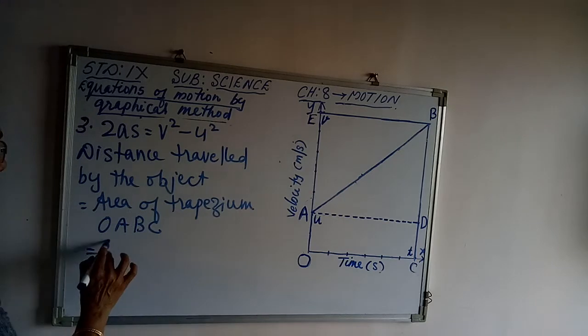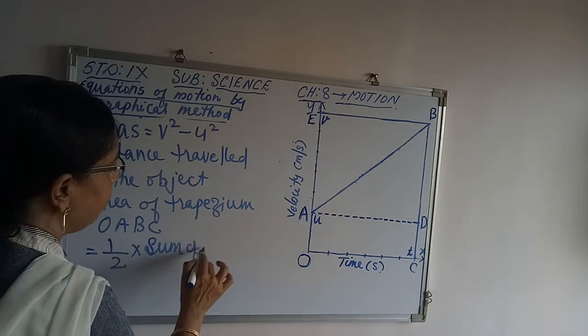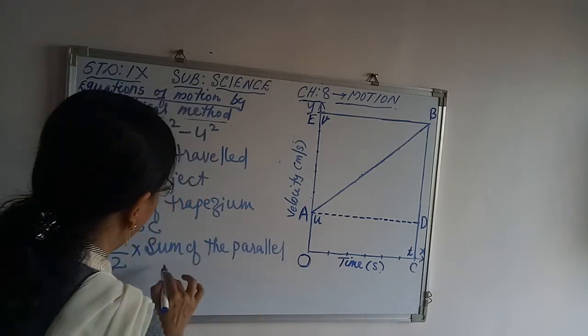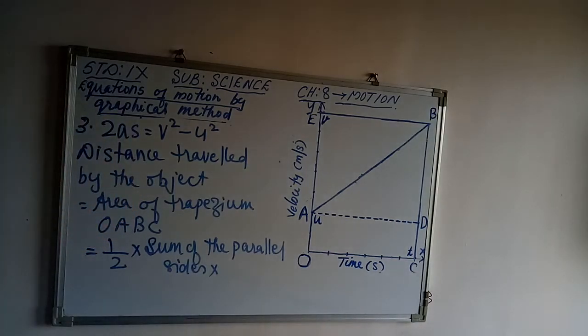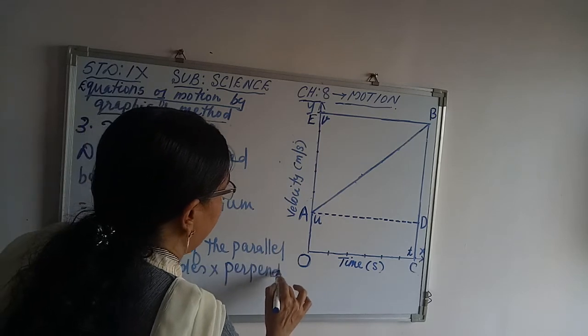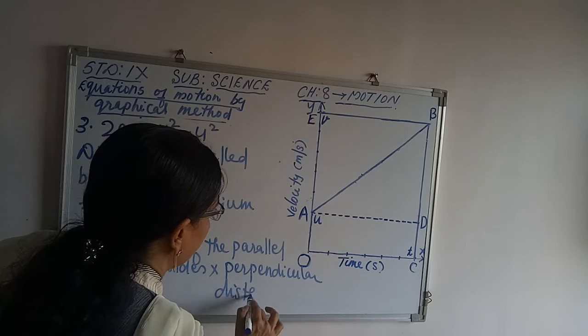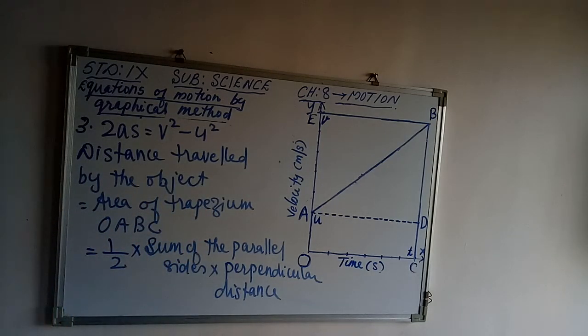The formula is half into the sum of the parallel sides, multiplied by the perpendicular distance. This is the formula to find the area of the trapezium OABC. And now we can substitute the values.